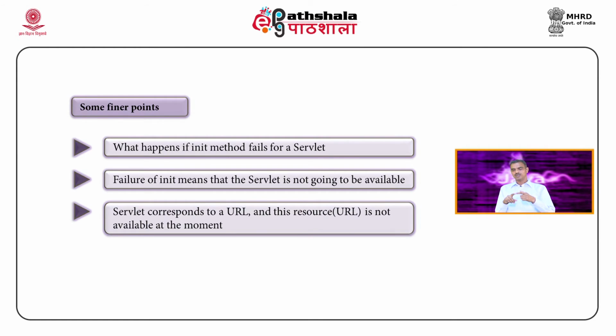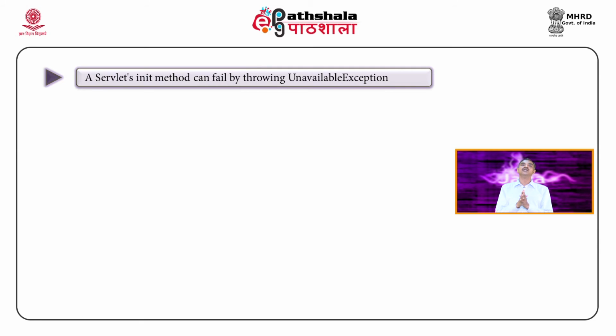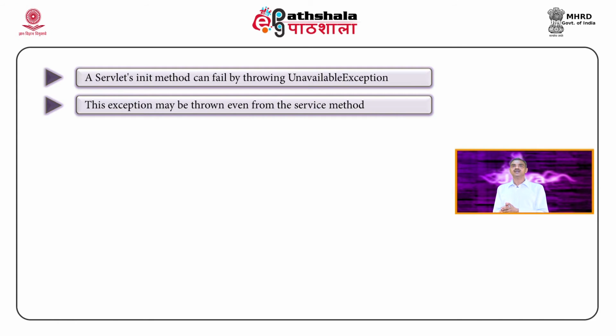Whenever our init method fails, it would throw an unavailable exception, to indicate that I can't start at this moment. I don't have the proper resources available, and therefore I cannot start.